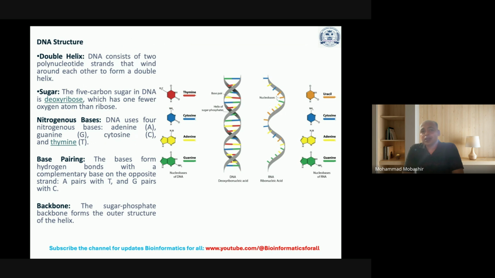Nitrogenous base: DNA uses four nitrogenous bases: adenine, guanine, cytosine, and thymine. Base pairing: the bases form hydrogen bonds with a complementary base on the opposite strand. Here A pairs with T, that is adenine with thymine, and guanine pairs with cytosine, that means G pairs with C. Backbone: the sugar phosphate backbone forms the outer structure of the helix, as you can see here. So this is what you can see, the backbone.